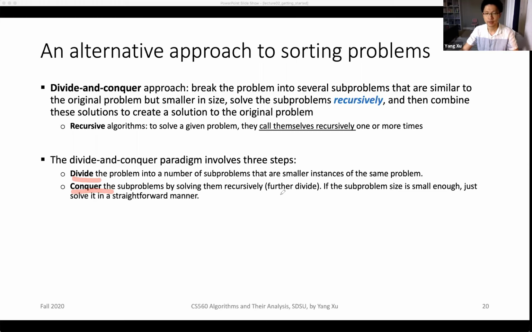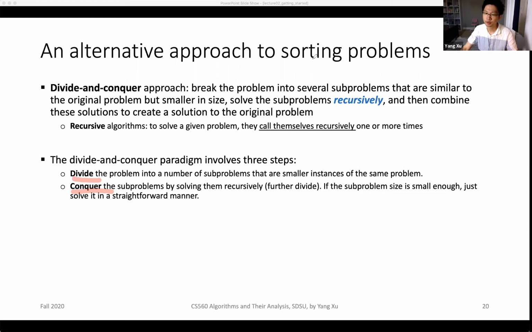Sometimes when the sub-problems are not small enough, we need to further split them into even smaller ones, until the sub-problem size is small enough that we just solve it in a straightforward manner.